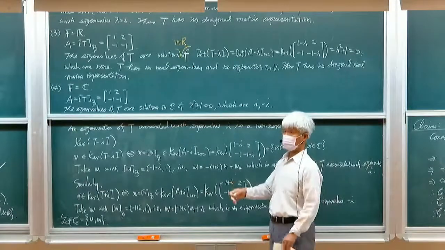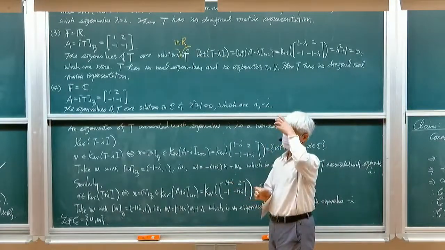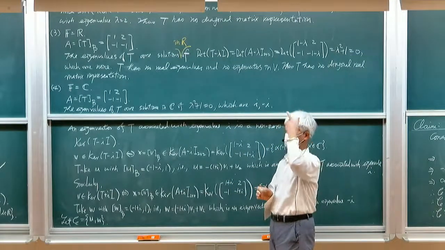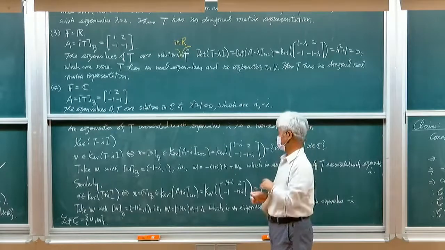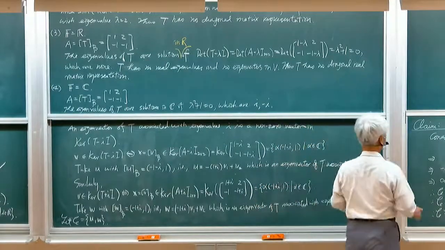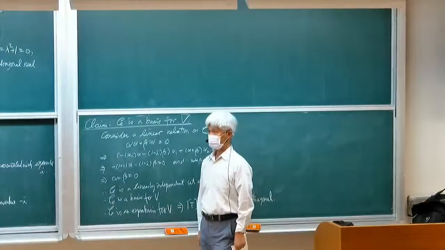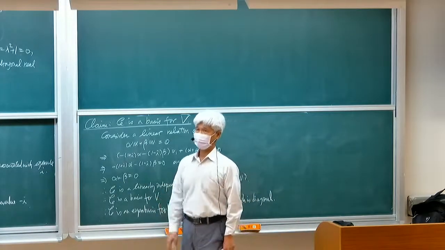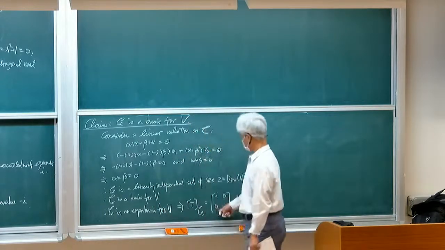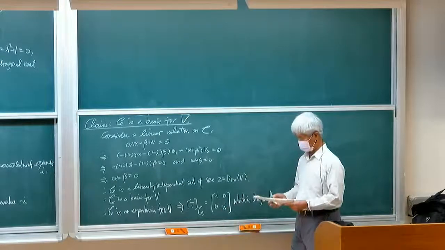So we find the two complex eigenvalues, which is allowable in the complex case. Then we can construct an eigenbasis so that the linear operator T can be diagonalized. And here is the diagonal matrix representation.